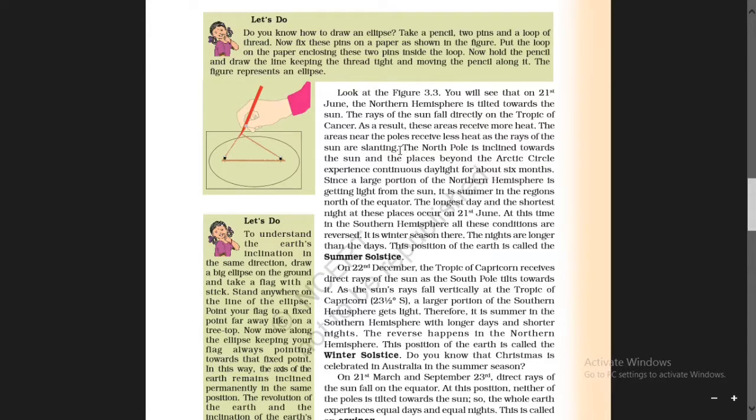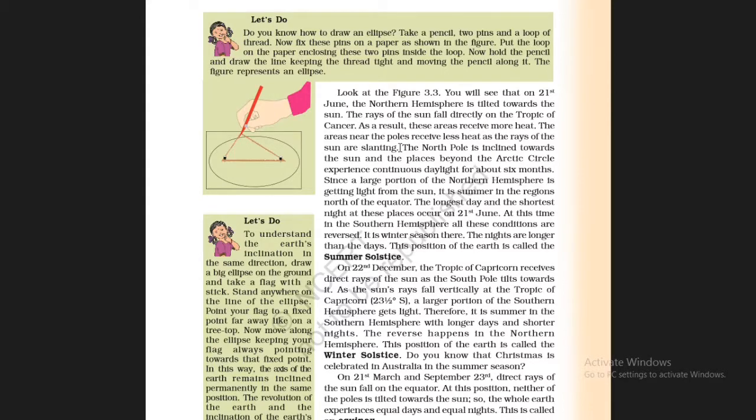You see, during noon time, boys, when the sun is over our head, we are getting vertical rays of the sun. The rays of the sun fall directly on us. So we experience the very hot or hottest part of the day.